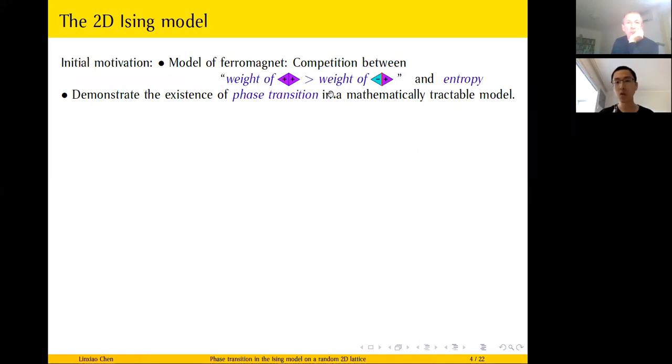Basically, the weight given to the spins tends to align the spins, that is, make all the spins have the same value, while the disorder tends to misalign the spins. And maybe more important for mathematicians, the Ising model is one of the simplest models which is at the same time mathematically tractable and also demonstrates the existence of a phase transition.